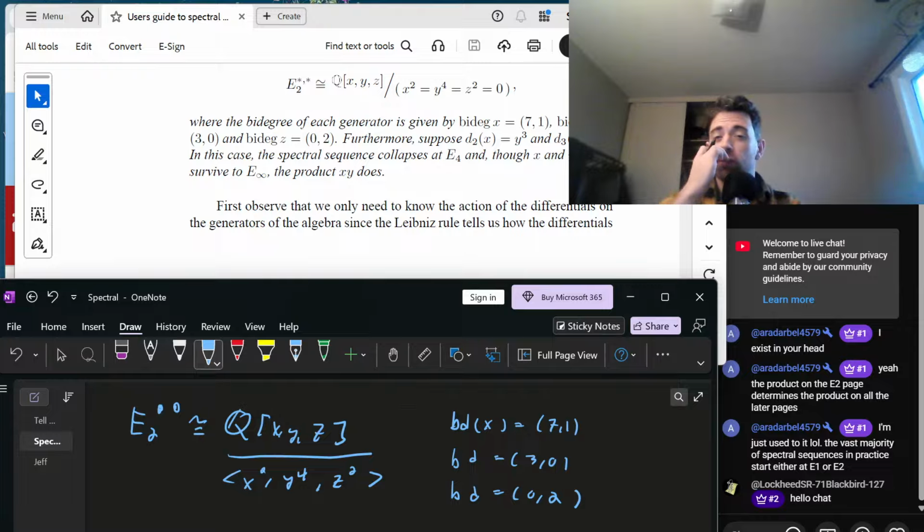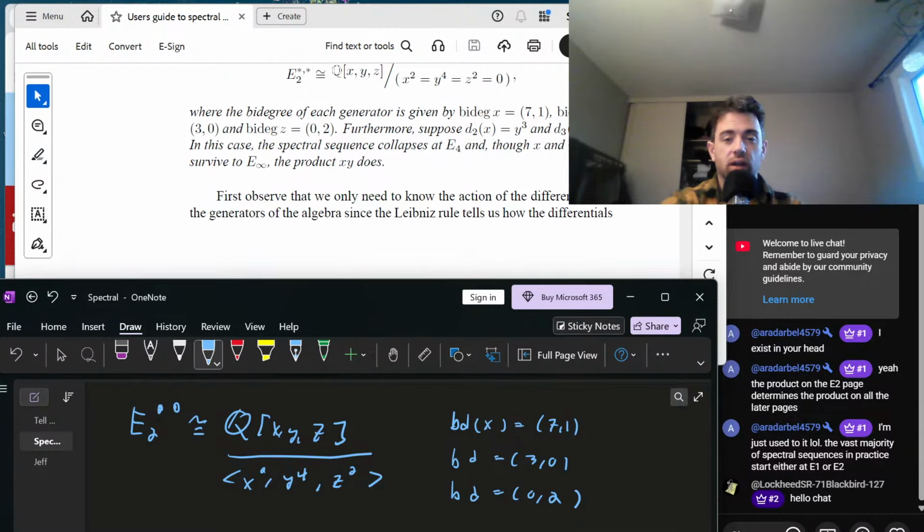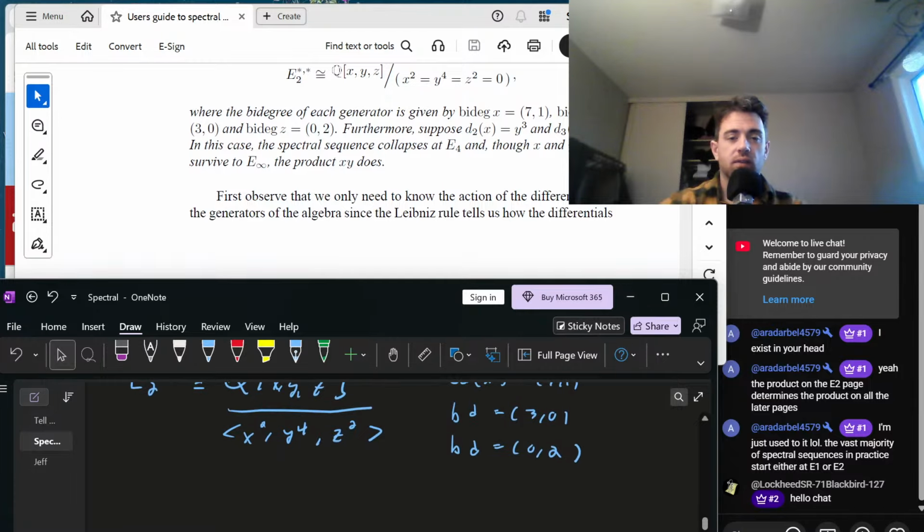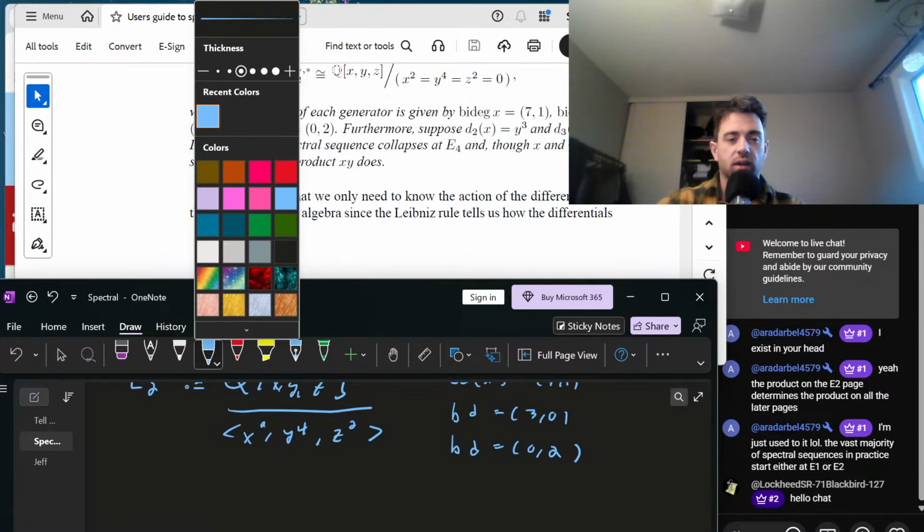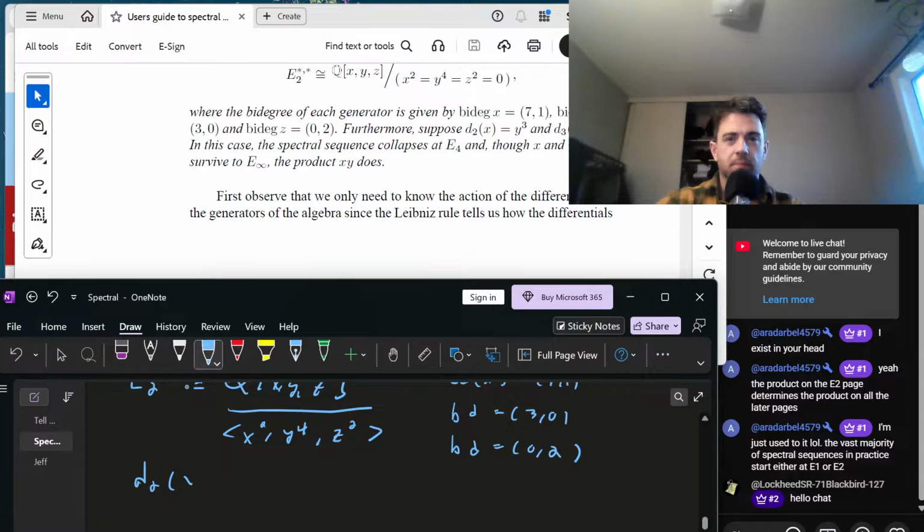Suppose furthermore that d2x, the map d2 applied to x, is y cubed, and the map d3 applied to z is y.